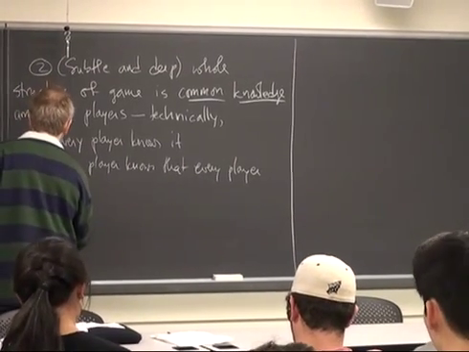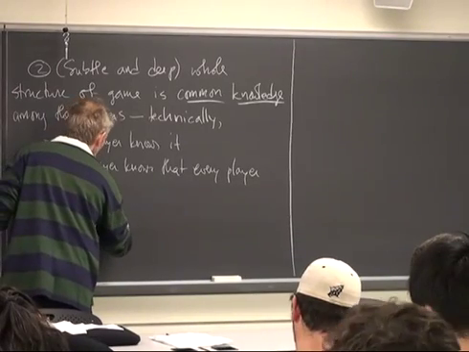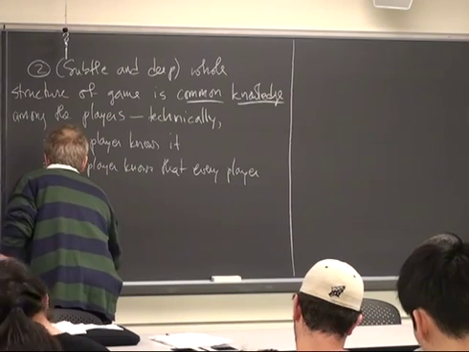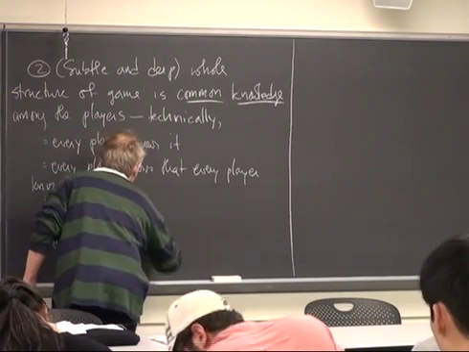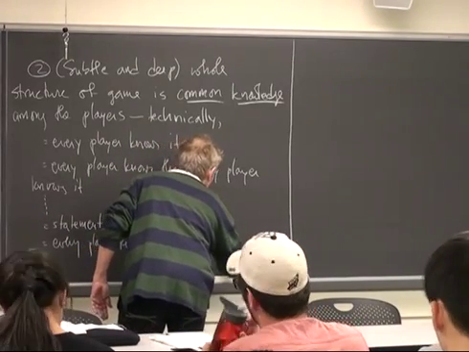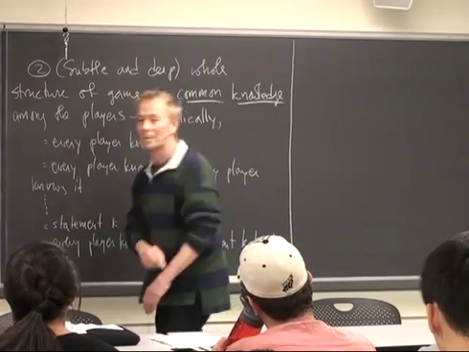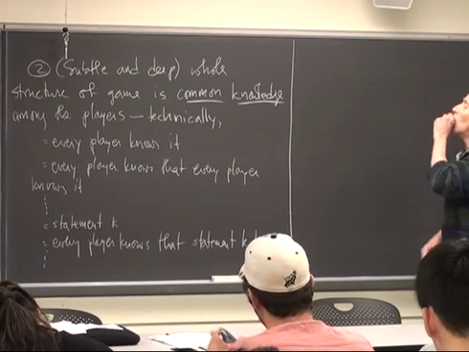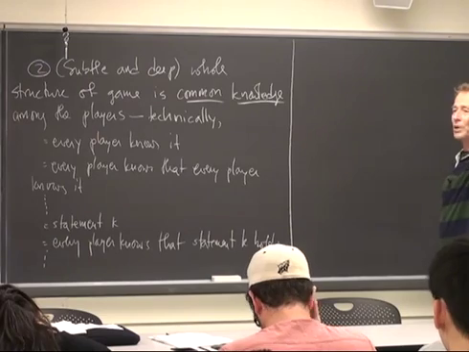And you go on and on like this, and you get up to statement K, say, because I've used N for the number of players. Statement K plus 1 is every player knows that statement K holds, and so on. Okay. So common knowledge is an infinity of statements about people knowing stuff.